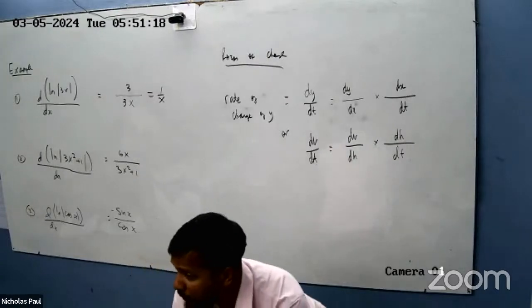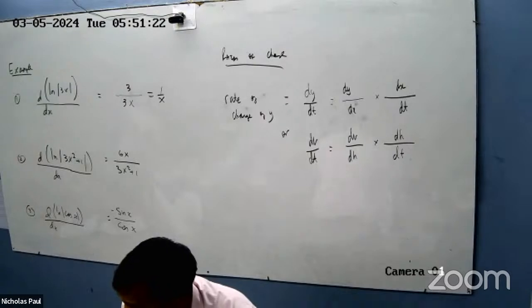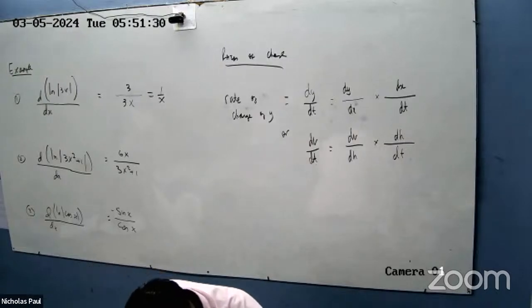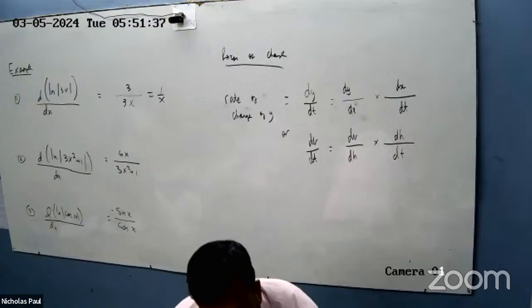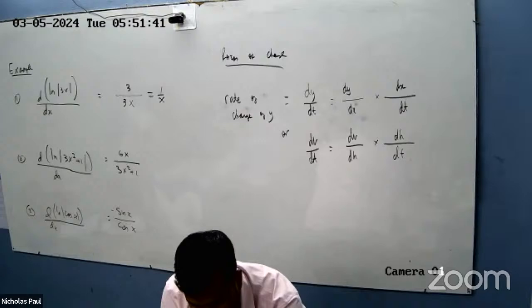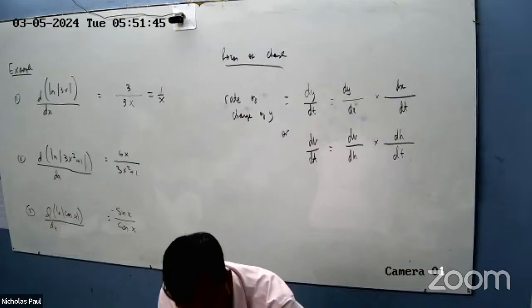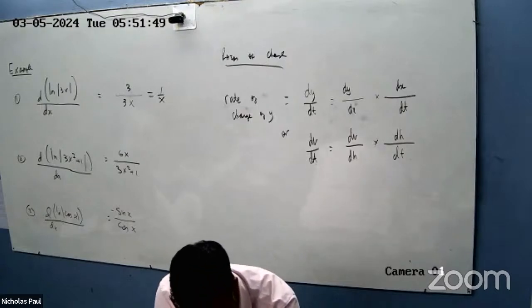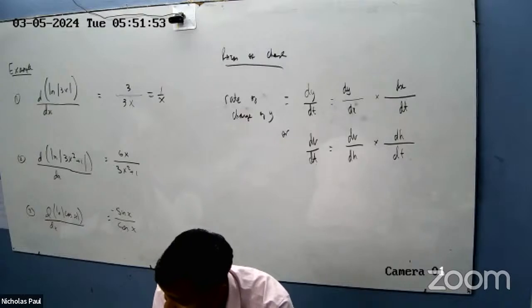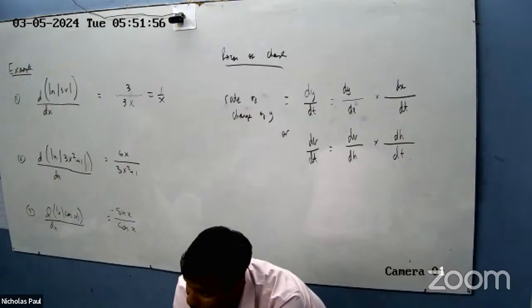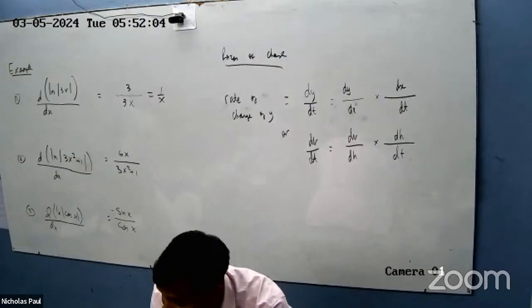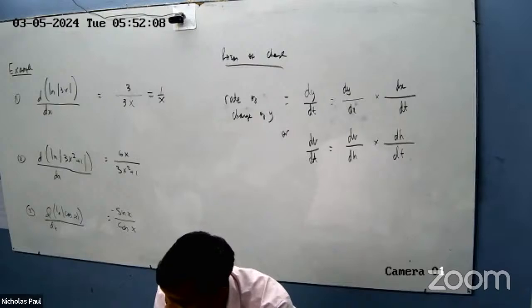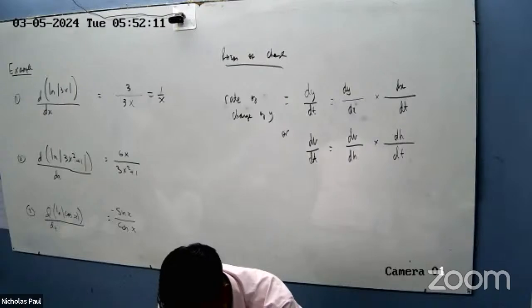A spherical balloon is being inflated. First up, the radius of the balloon is increasing at a rate of 0.1 centimeters per second.